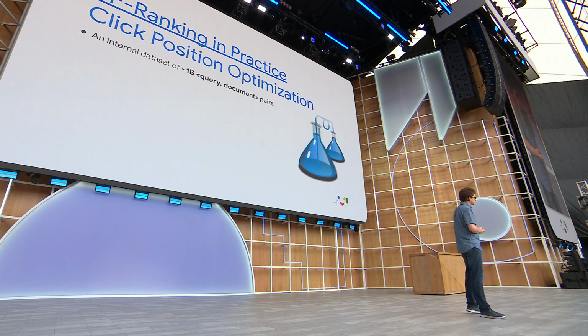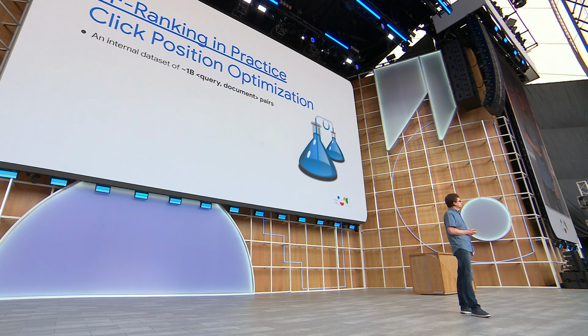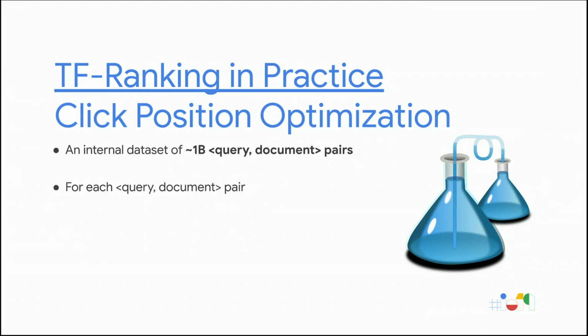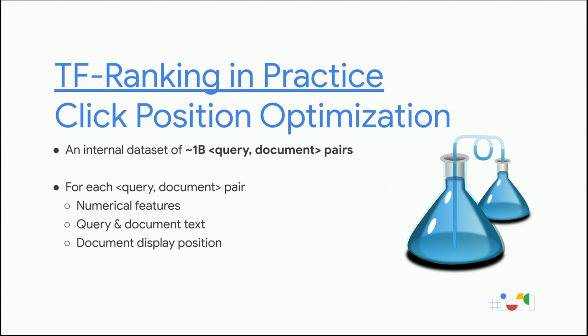We use an internal data set here of around 1 billion query document pairs. For each query and document pair, we extract some numerical features that we associate with this query document pair, the query and the document text, the position at which the document was displayed, and as labels, we use click or no-click information about this particular document for this query.